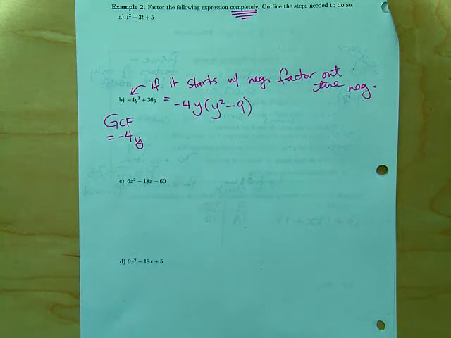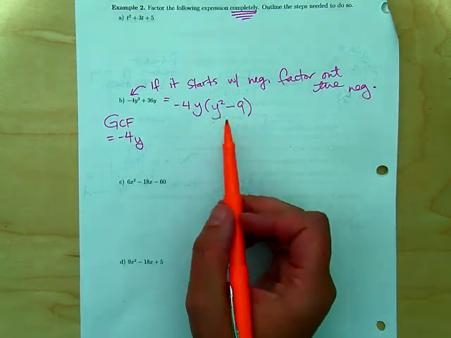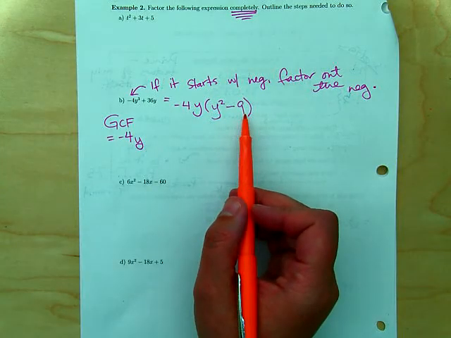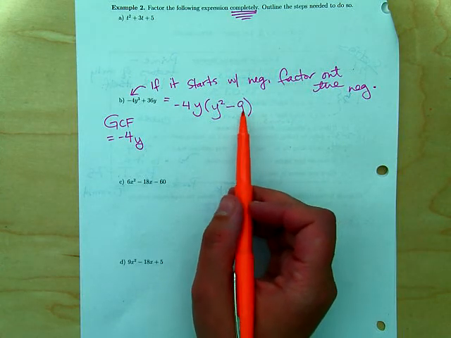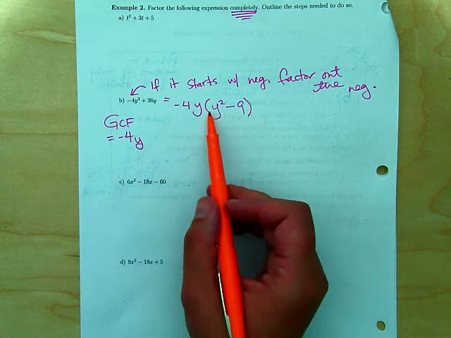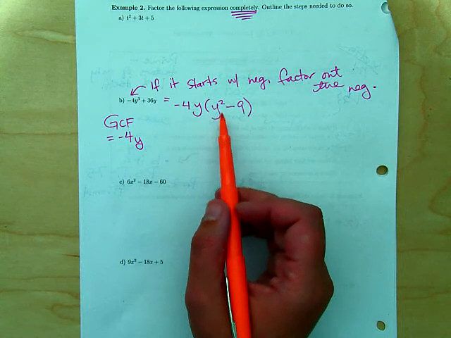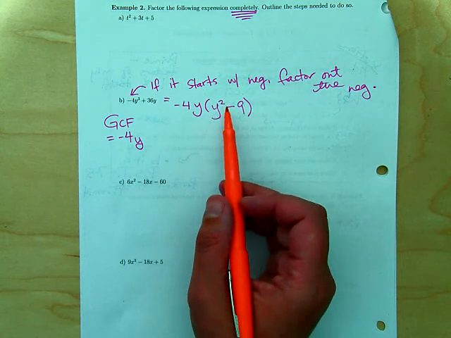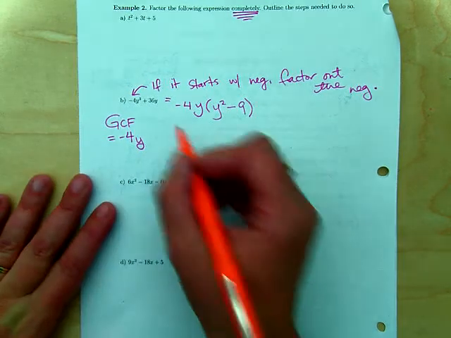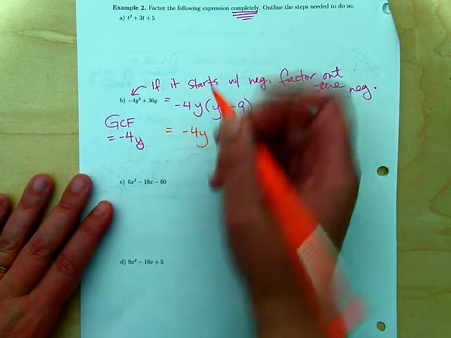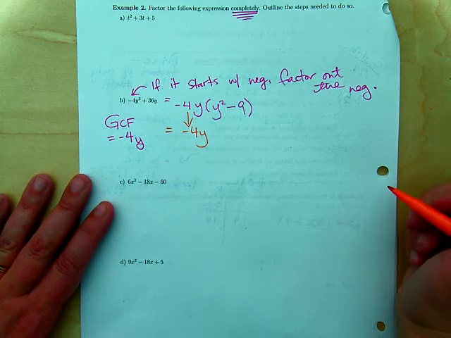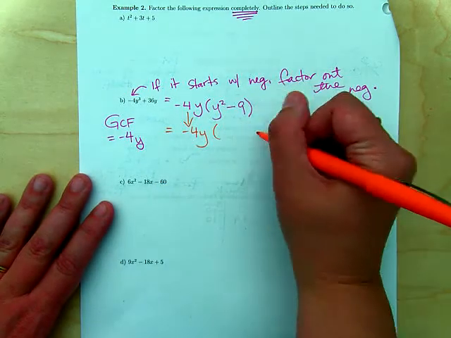So he's saying, what are you saying about the 9? It's a perfect square. What are you saying about the y squared? It's also a perfect square. Anything to the second power is a perfect square, right? So -4y, the GCF just comes down and it's along for the ride.